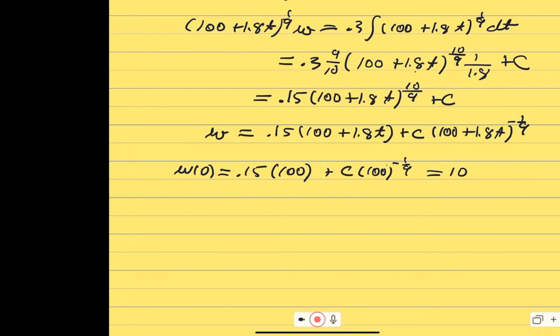So c is equal to, let's see, 10 minus 15, okay, 100 times 0.15 is 15, divided by 100 to the minus 1/9.